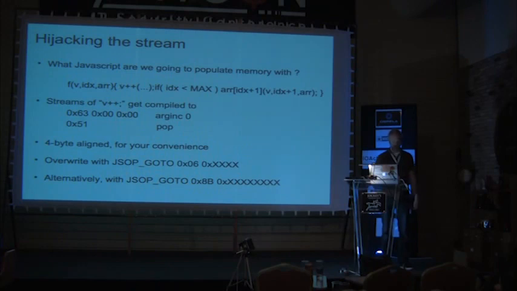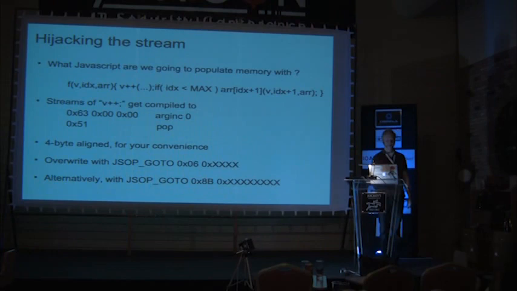Because that gets compiled to the following JavaScript bytecode, 6300, which means increment argument at index 0, pop from the stack. So by having many of these V++, you spray repeatedly 630051, 630051, and so forth. And then, after a while, you call the next function in the chain.